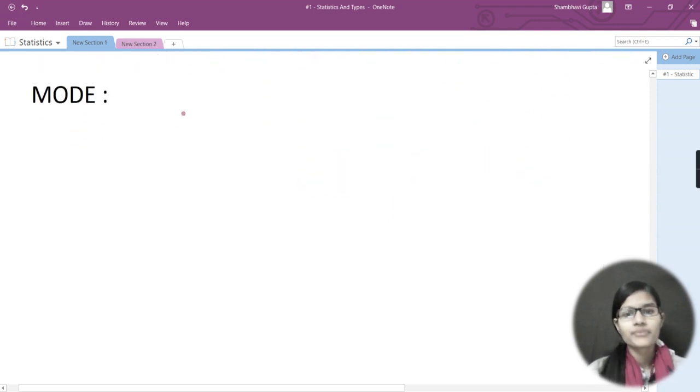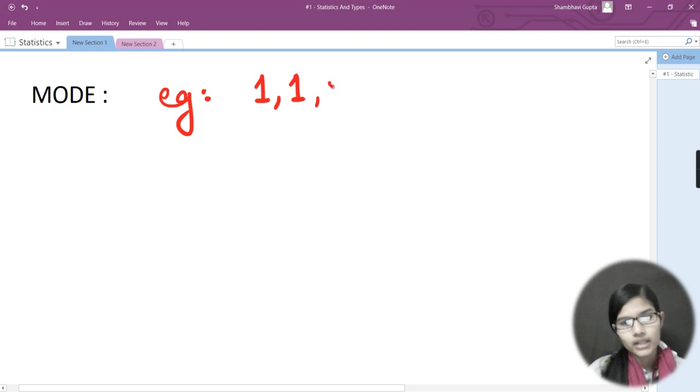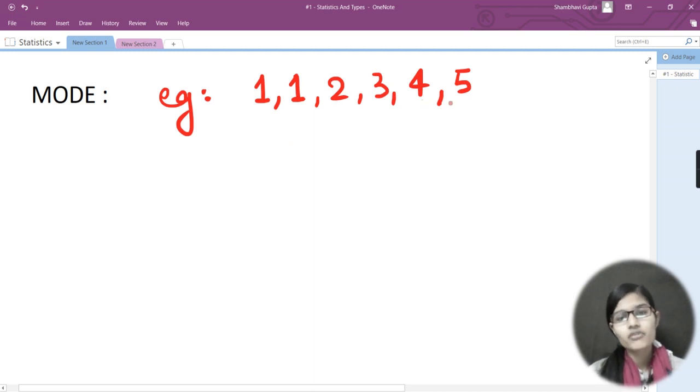Now what is the mode? Let's say for mode we have taken an example that we have the numbers 1, 1, 2, 3, 4 and 5. So here we have a total of 6 numbers. In mode, whatever number is repeated the most times is the mode of that numbers list. So here we have 1 repeated 2 times.